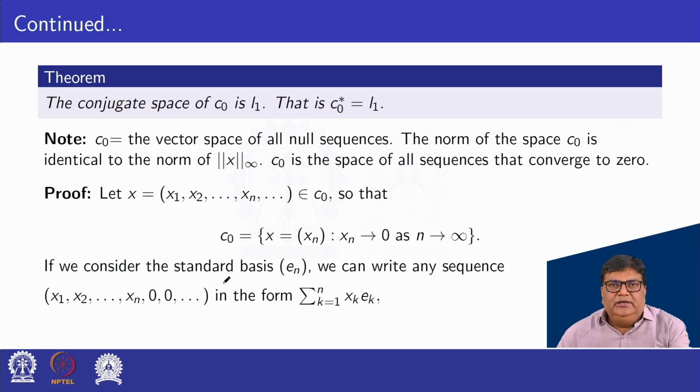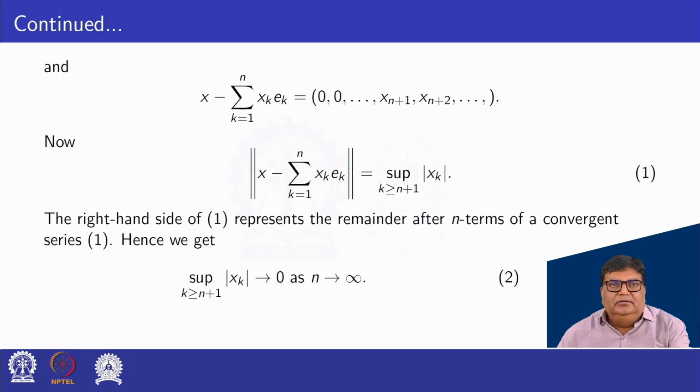If we consider the standard basis en, we can write any sequence x1, x2 and so on xn, 0, 0 and so on in the form of summation k equals 1 to n xk ek, and x minus summation k equals 1 to n xk ek equals 0, 0 up to n times 0, and then xn plus 1, xn plus 2 and so on.